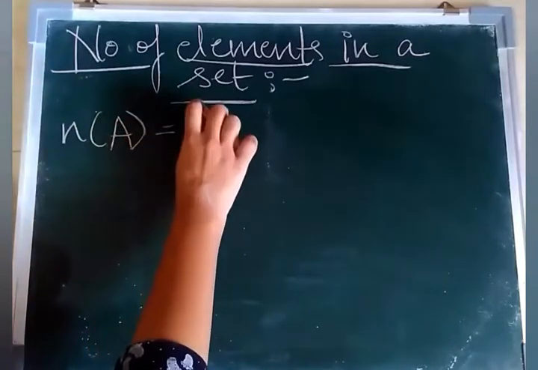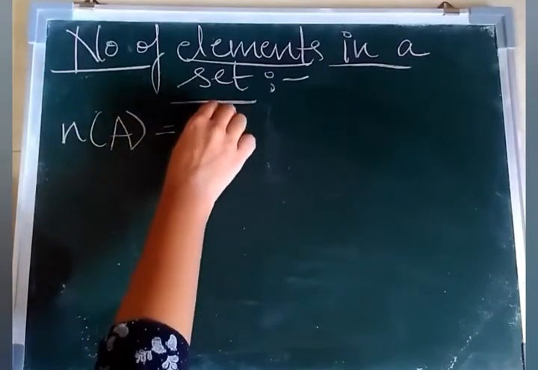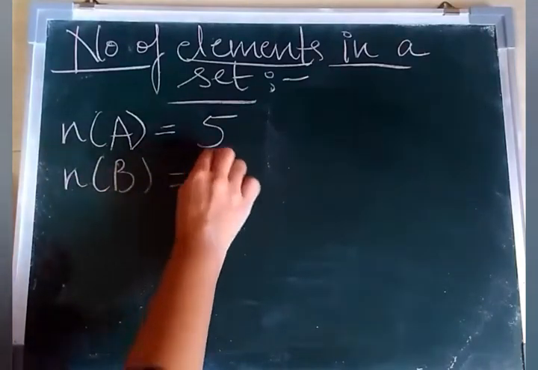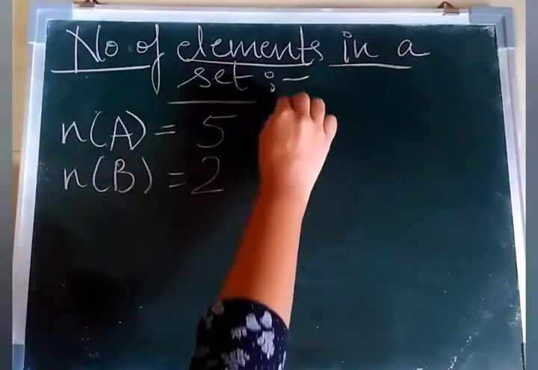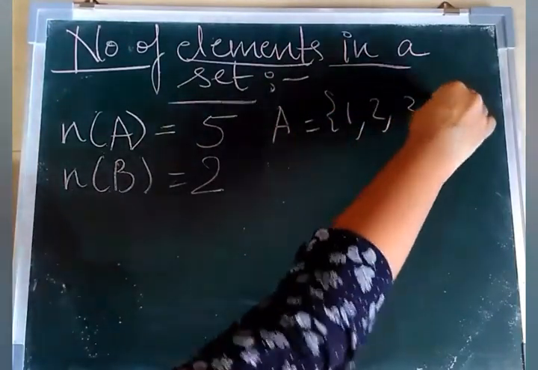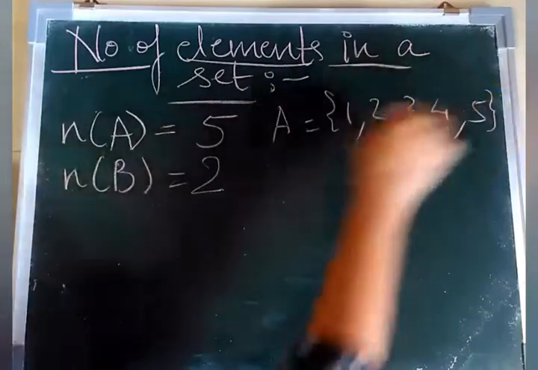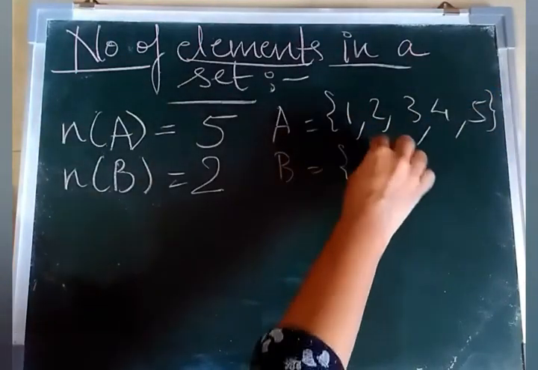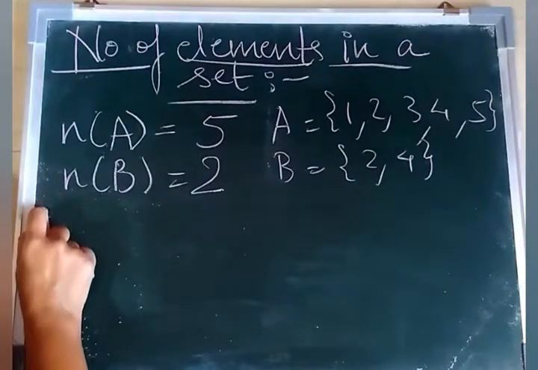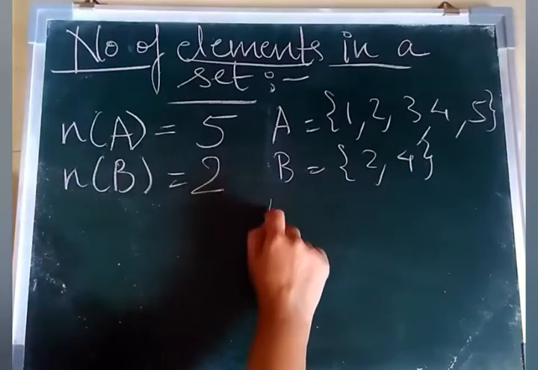Now I have 2 sets A and B. I'm telling n of A is 5, there are 5 elements in it, and n of B is 2. Now I will write the sets also so that there is no confusion. A is 1, 2, 3, 4, 5, the first 5 natural numbers. And B, I am telling it as 2 and 4. Then what will be A union B?